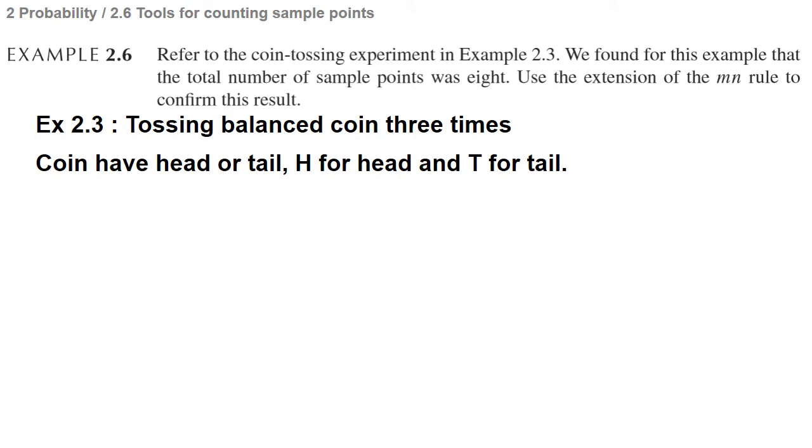Refer to the coin tossing experiment in example 2.3. So example 2.3 is tossing a balanced coin 3 times, and a coin has head or tail, H for head and T for tail. That's our example 2.3, and we found for this example that the total number of sample points was 8.